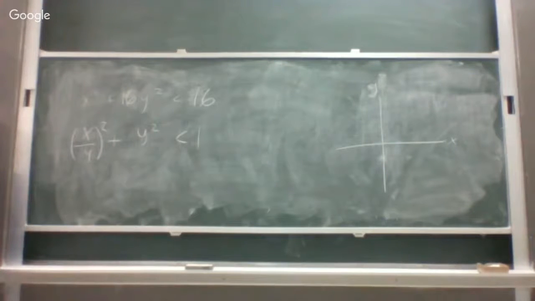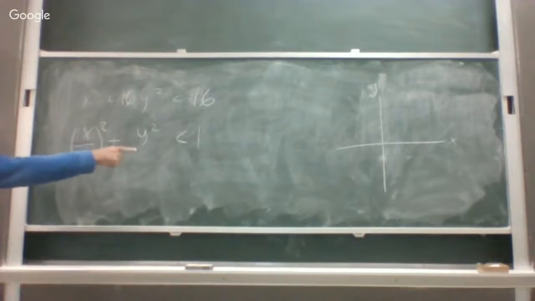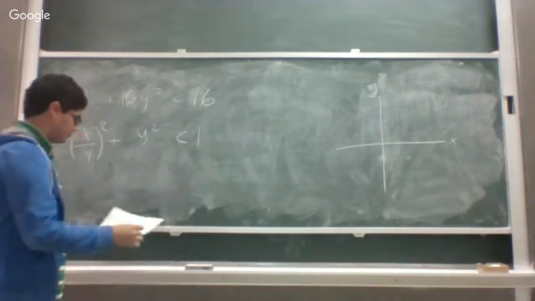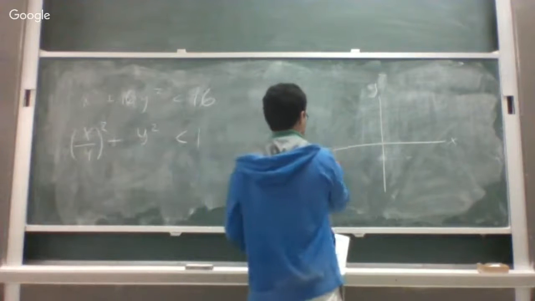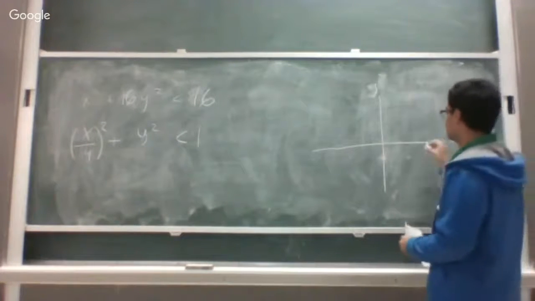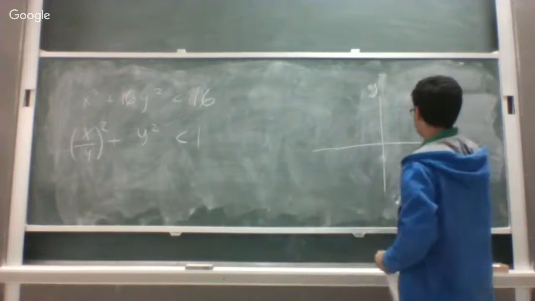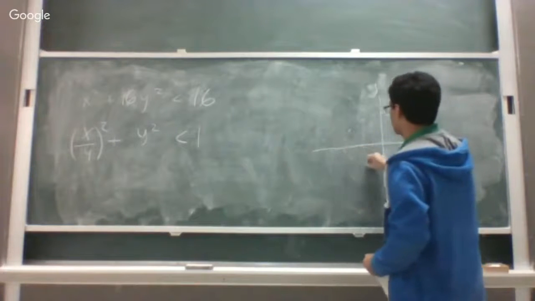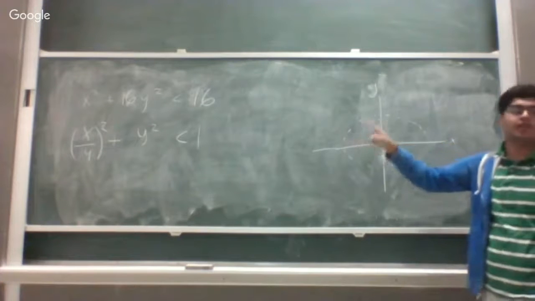Did that make sense? So if we're to graph this, what would it look like? Yeah. So the longer length would be horizontal, so it's a horizontal ellipse. Okay. So then this is what it would look like. You wouldn't include the edge because it's less than, not equal to.